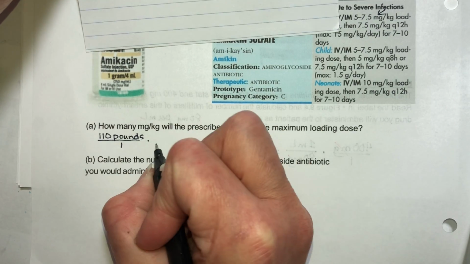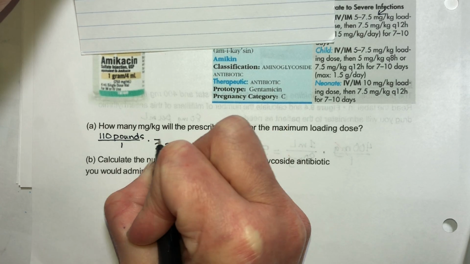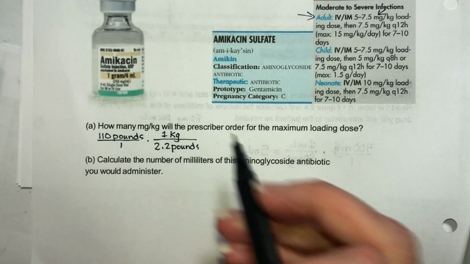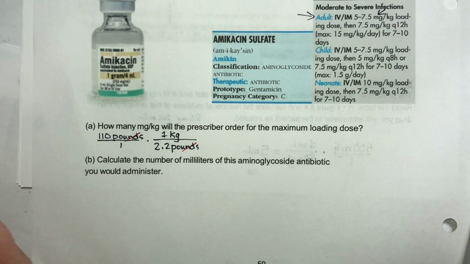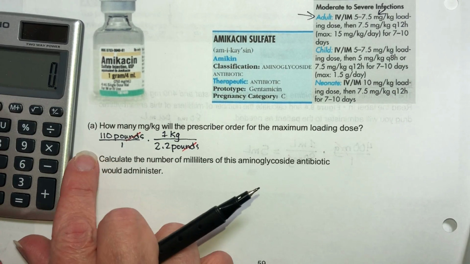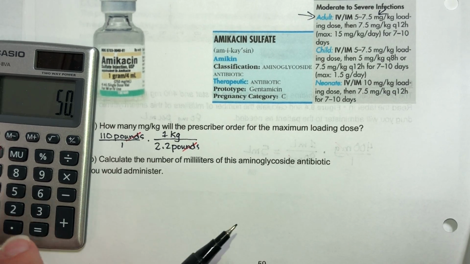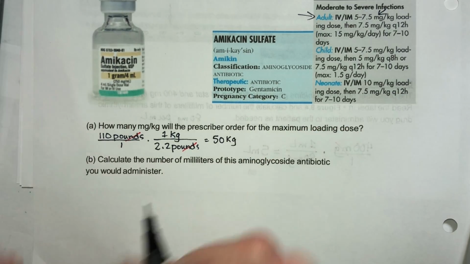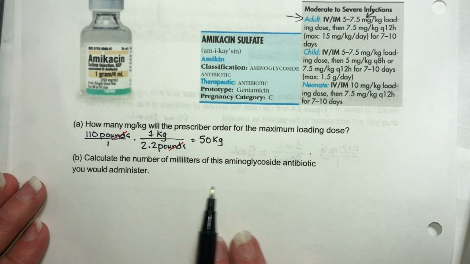So I'm trying to get rid of pounds, so I'm going to put 2.2 pounds on the bottom, and then a kilogram on the top, okay? So the pounds cancel out, and I need to divide 110 by 2.2 to get 50. So this patient is 50 kilograms, he weighs 50 kilograms, so that's fine.